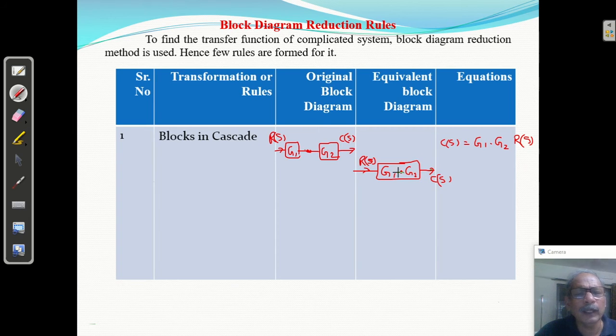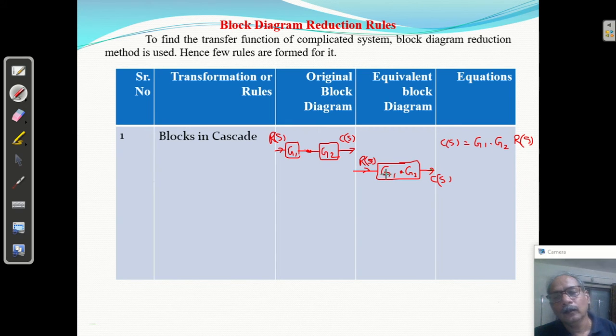Everywhere it is in the S domain. Whenever you study this, first you have to write the equation from the diagram, and then you can convert it into this form. So when two blocks are there, you can replace them with one block.